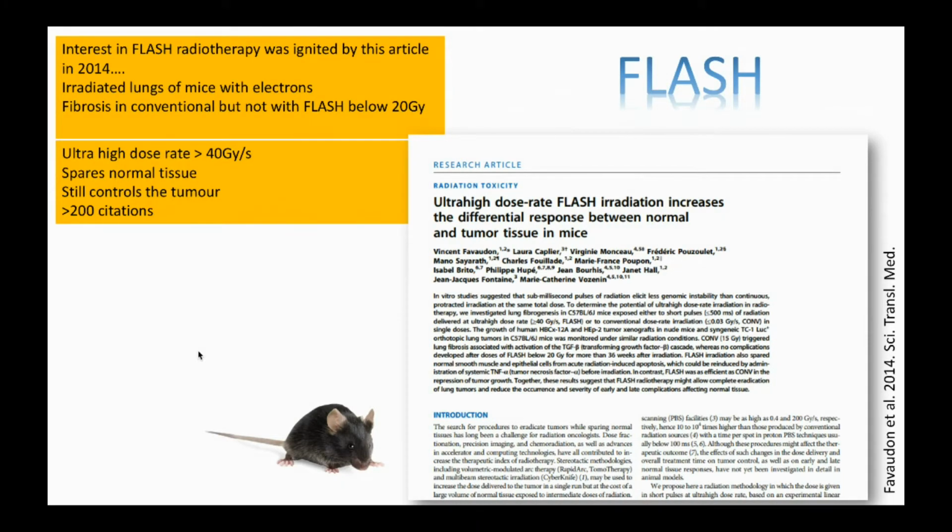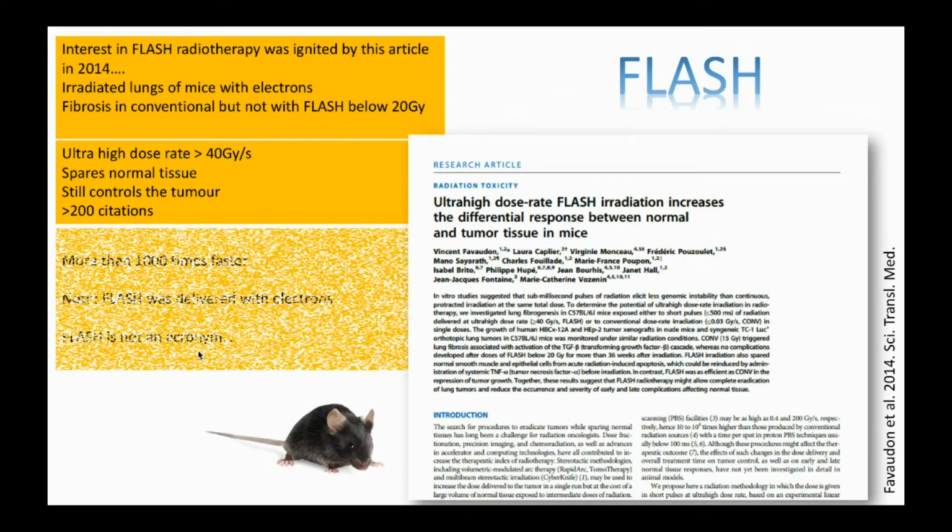So by ultra-high dose rate, we mean above 40 gray, and what appears to be happening with these ultra-high dose rates is it's sparing the normal tissue, but it's still giving the tumour control. This paper has now more than 200 citations.